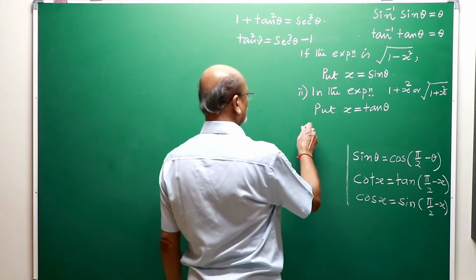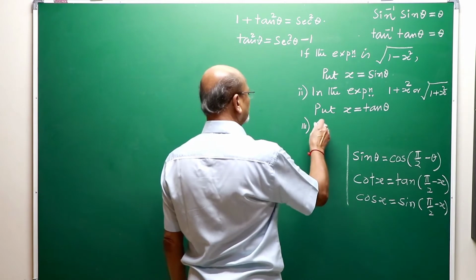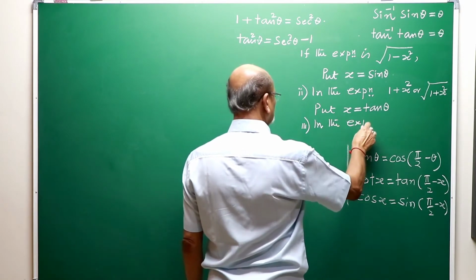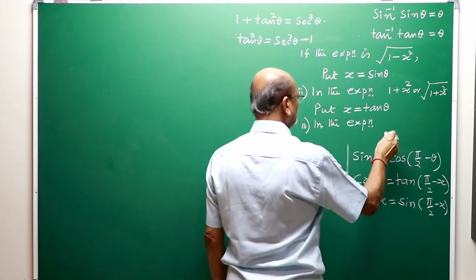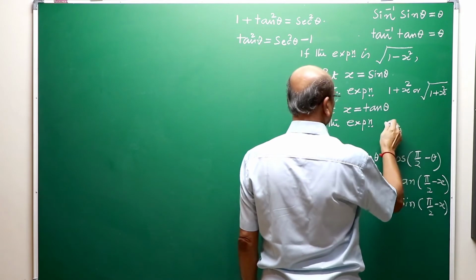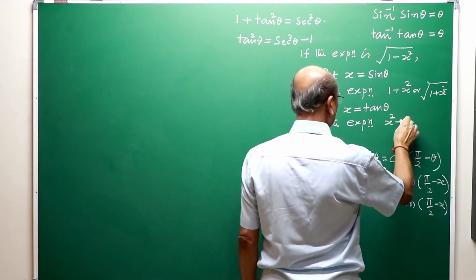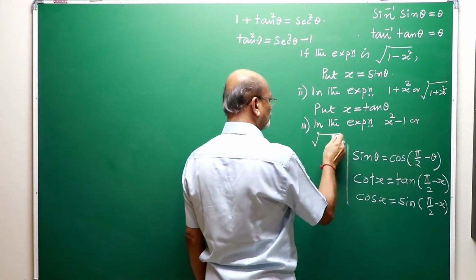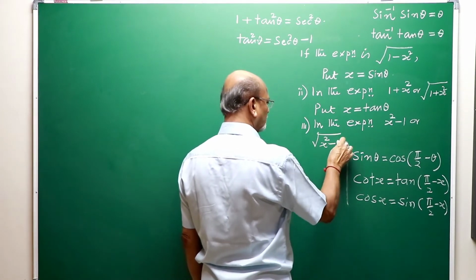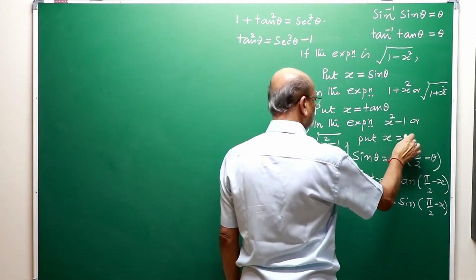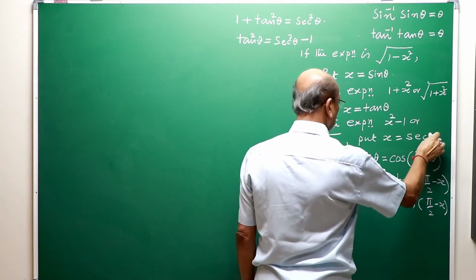What is the third one? In the expression, instead of 1 plus x square, or x square plus 1, both are the same. If it is x square minus 1 or root x square minus 1, the substitution is x equal to sec theta.